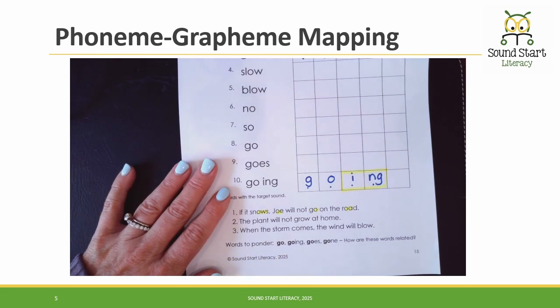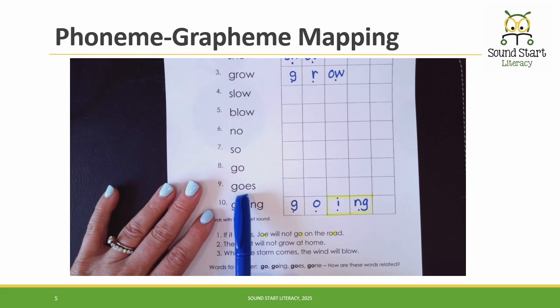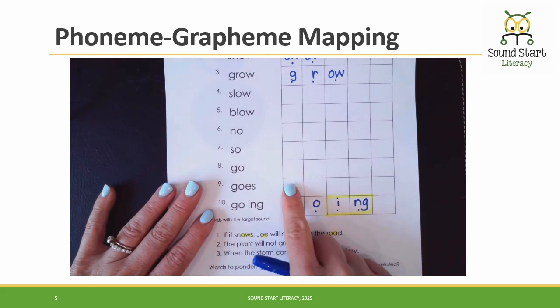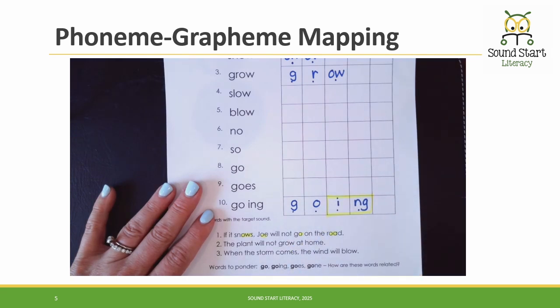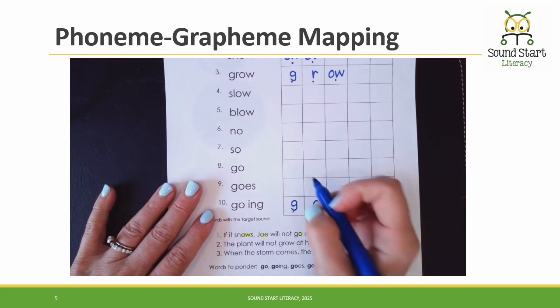The words to ponder is really just a conversation that you have with the child. I also want to talk about the word goes because some people might say, well, how am I going to map that word? There isn't really a right or wrong way. You could do the G, the O, and then the ES in one box. But for me, mapping wise, I think it makes more sense to me and to the child.